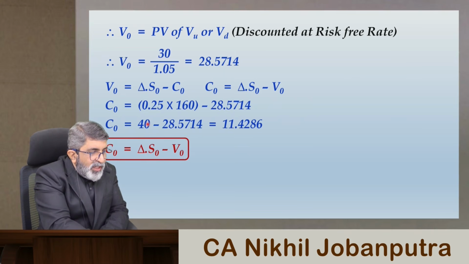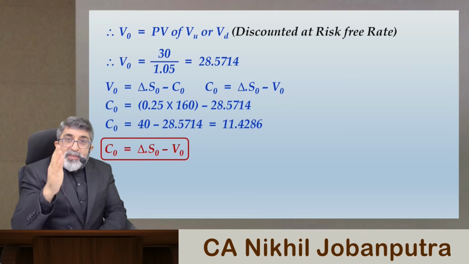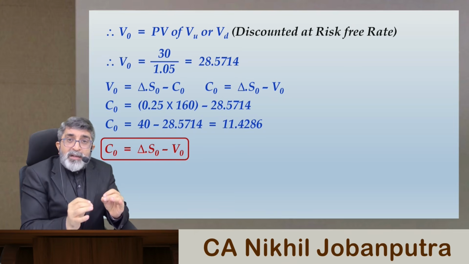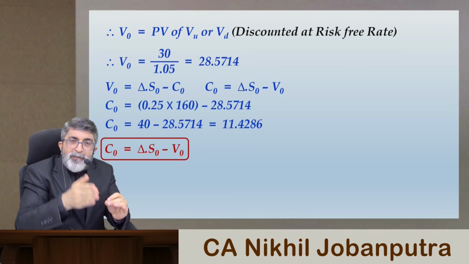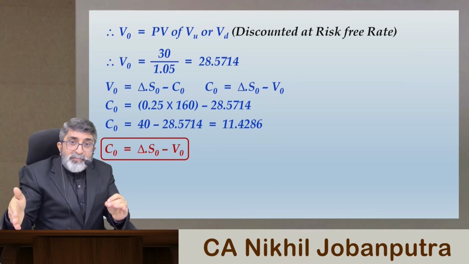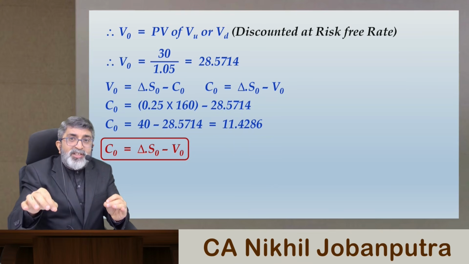What was this 40? It was delta into S0 minus V0, correct? This 28.5714 was nothing but V0. This is the equation. Now if you have understood everything up to this part, from here we are going to make a transition to BSM. This is the point of transition.